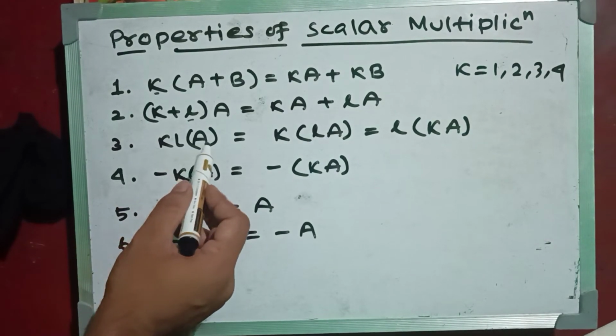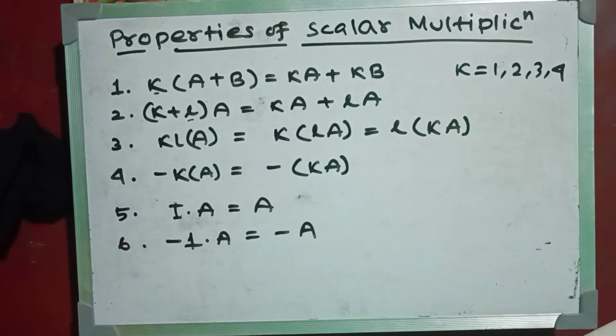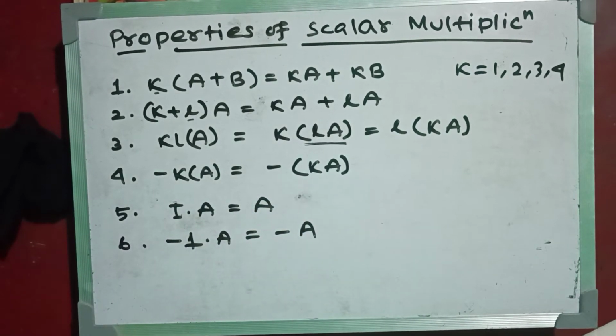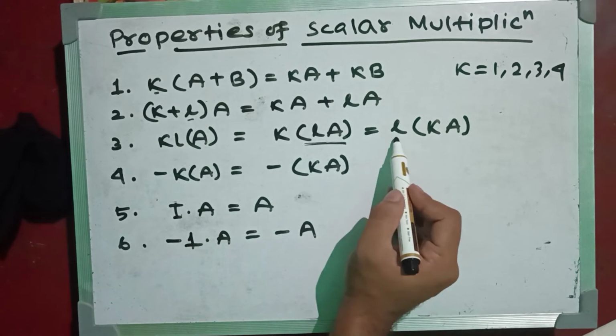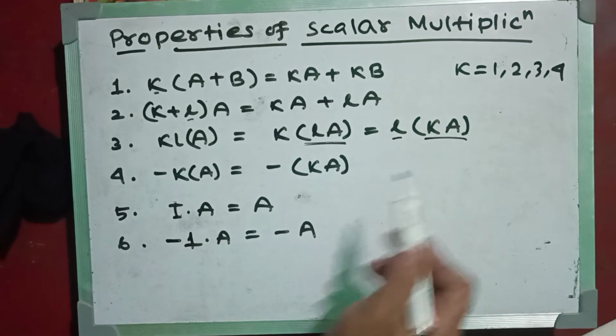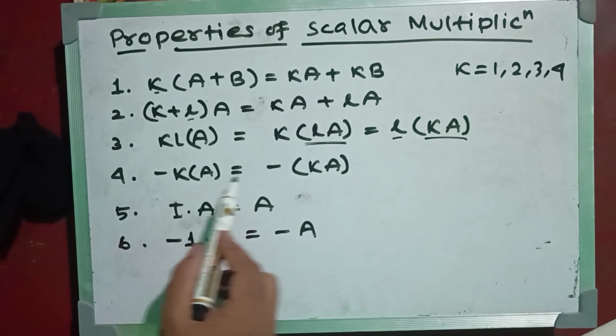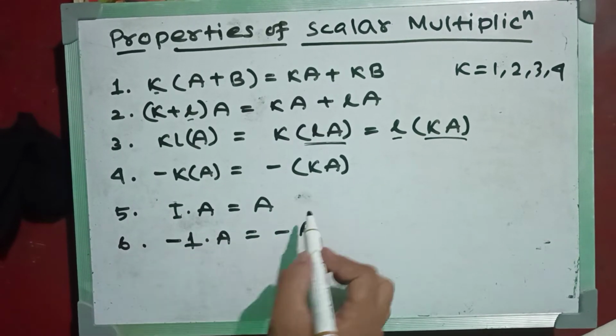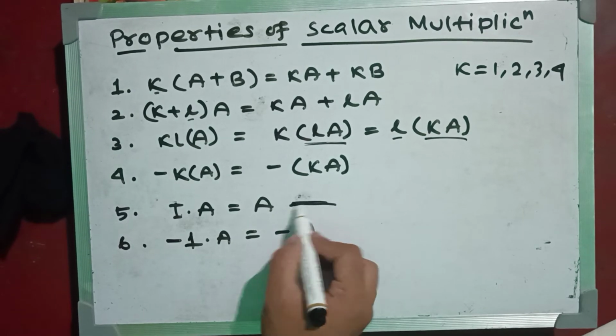Now KL into A. In scalar multiplication we can multiply K into LA in the matrix. Similarly, L is outside the matrix and KA. So minus of K into A, we can write as minus K into A. And one thing we have to notice here, this is the most important formula.